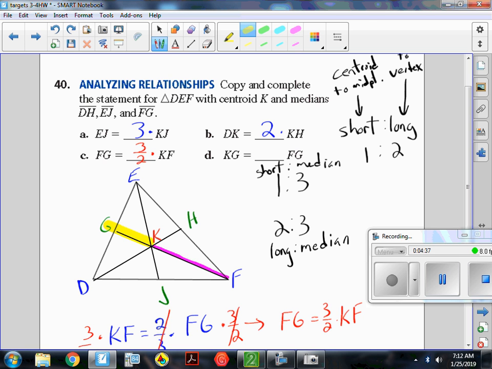So my answer here is going to be 1/3. And so go back and see the difference between question A and question D. In question A, they say the median equals 3 times the smaller part. On question D, they say the smaller part is 1/3 of the median.